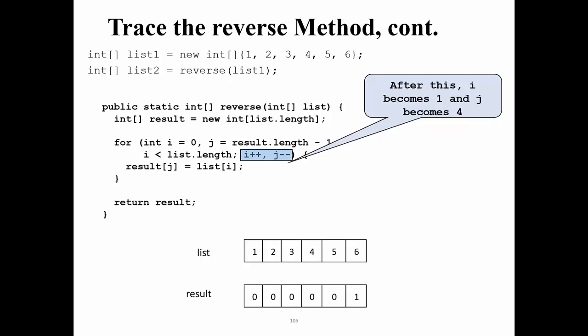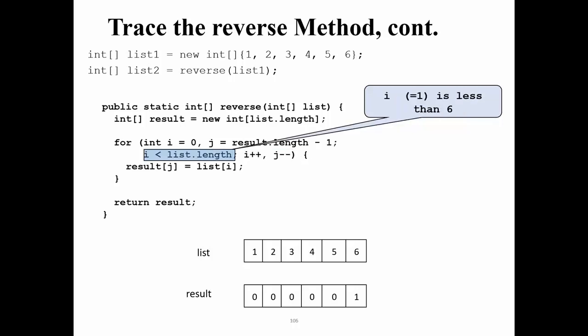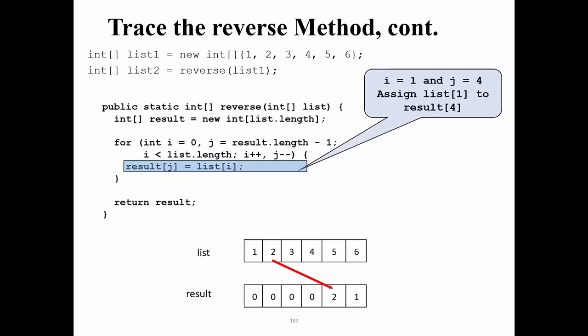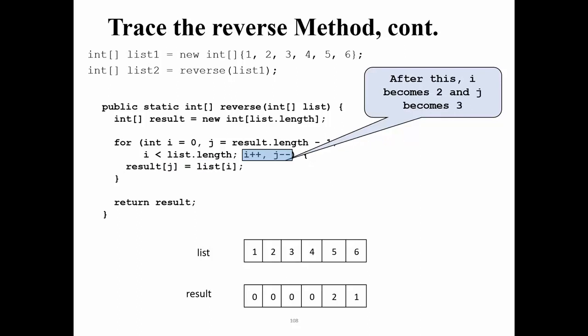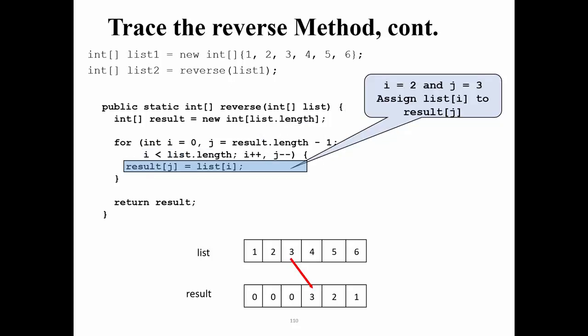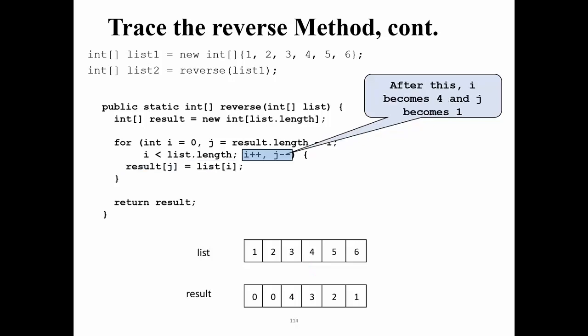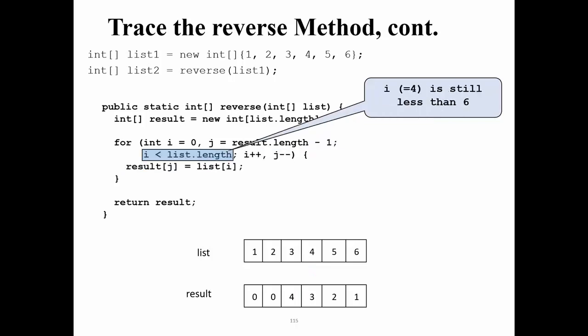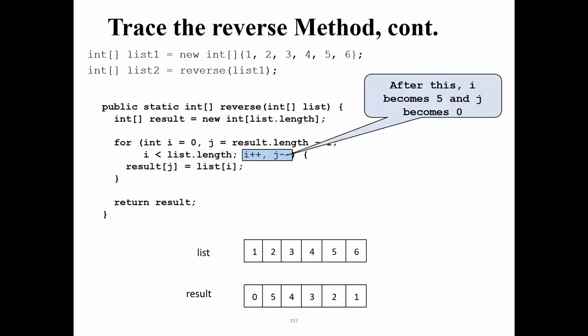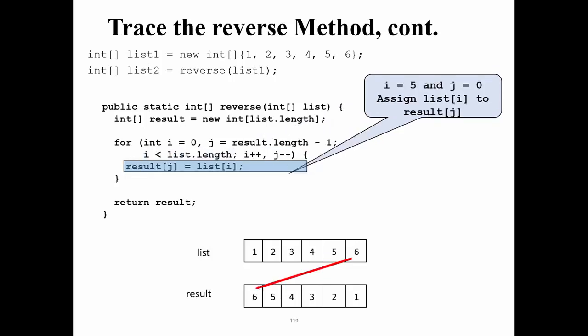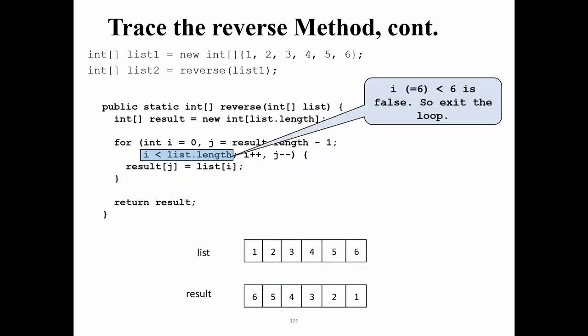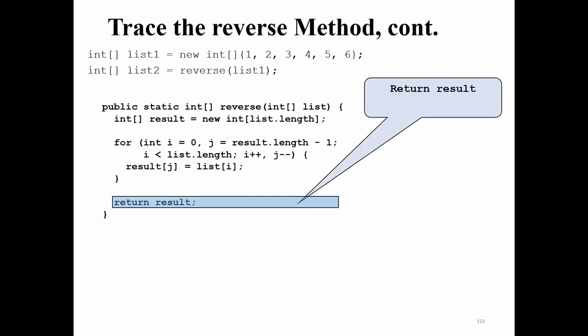Now we increment i, we decrement j. We ask if i is less than the length, that's true. We go back and assign the second element. So if you trace this execution of reverse, you will end up with the reversed array. Any questions about the reverse method? Okay.